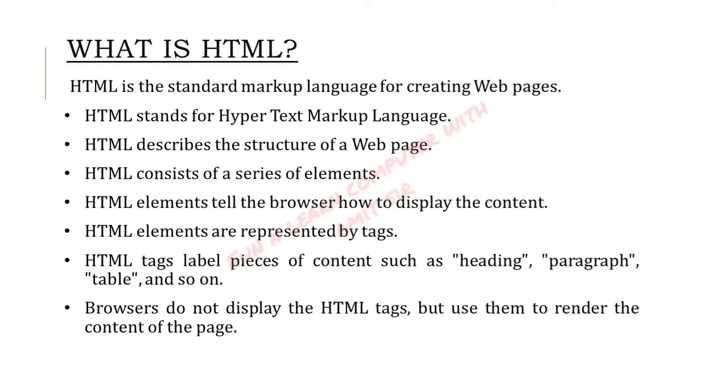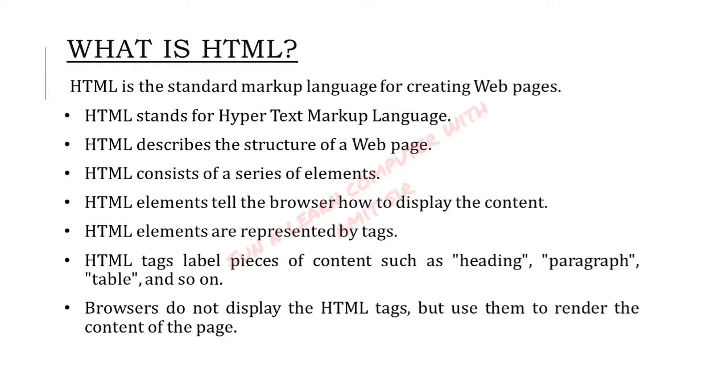HTML consists of a series of elements. We will discuss later in this chapter what is element. HTML elements tell the browser how to display the content. Okay. HTML elements are represented by tags. These tags actually help the browser know where to display the content.